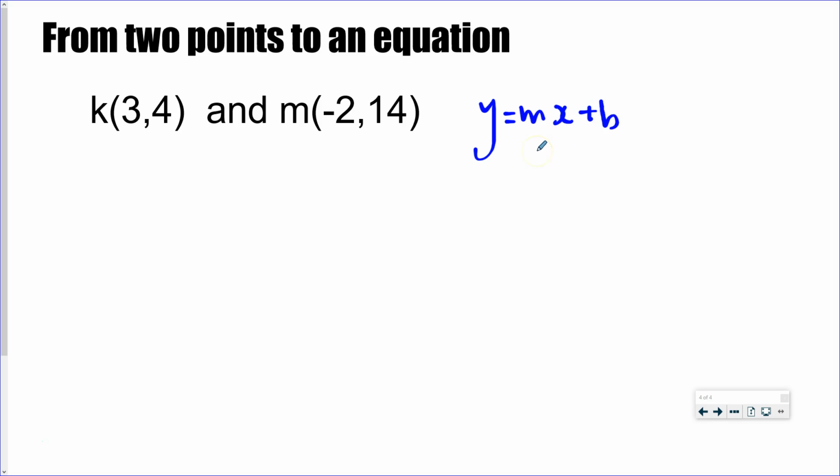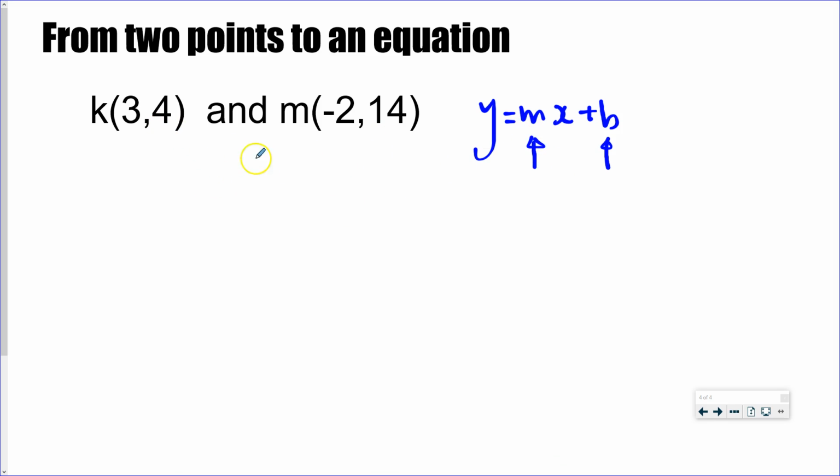And if you watched the previous video, you'll realize that we are always looking for the m and the b anyway. If we have the m and the b, then we'll have our equation. So the same idea is going to stay. We are going to find the m, we are going to find the b, and subsequently we'll get our lovely equation. Okay? So we are going to start right away.